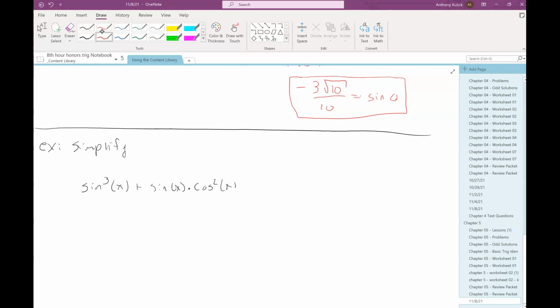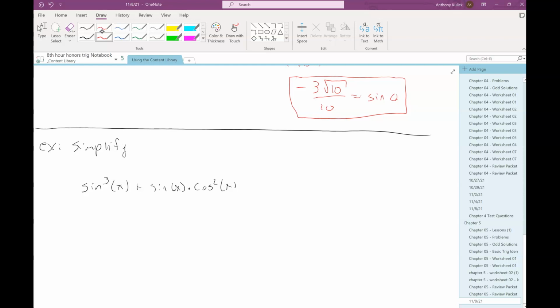So the two things you'd be looking to do on a problem like this is you can either look to use some basic algebra, or you can look to use an identity. And you may have to do both or combinations of those. That's all okay.